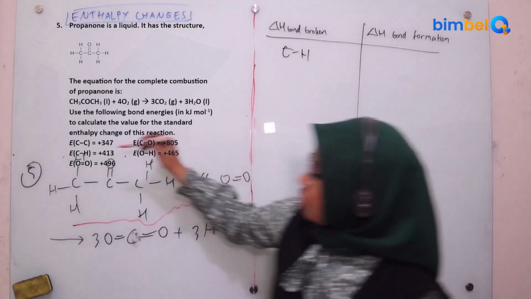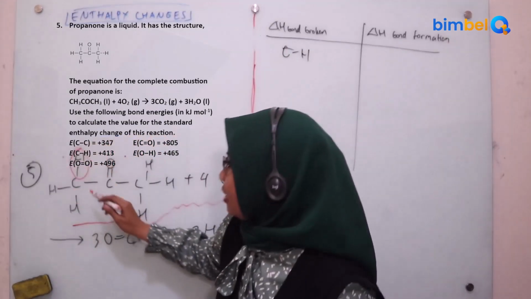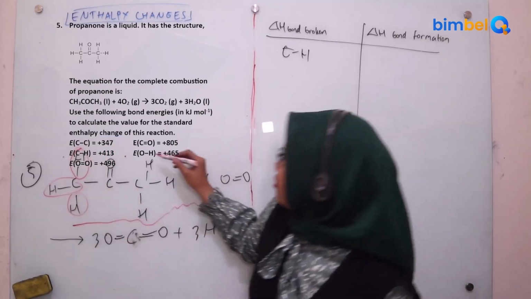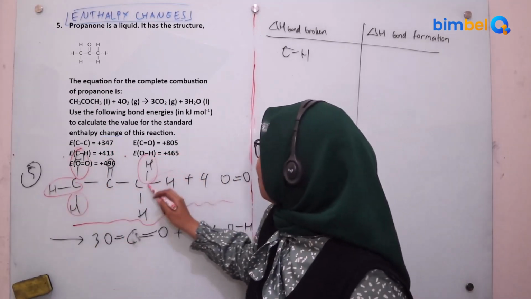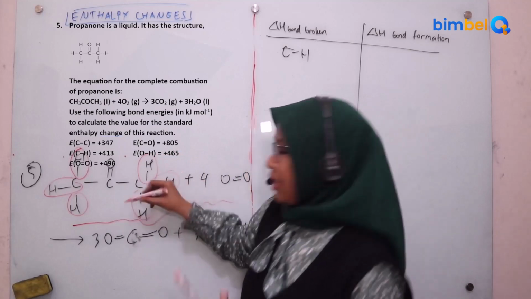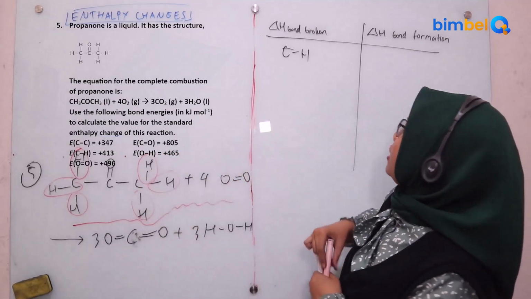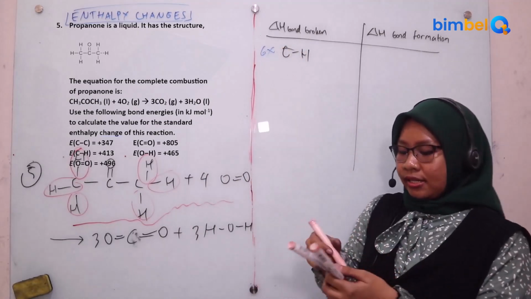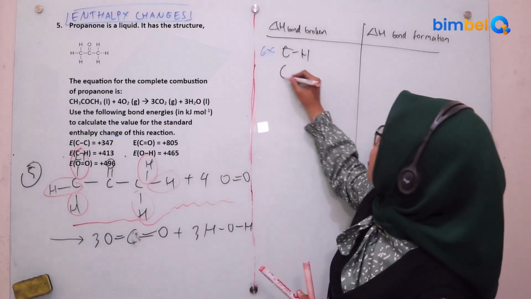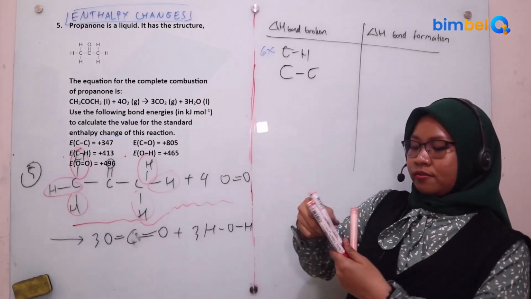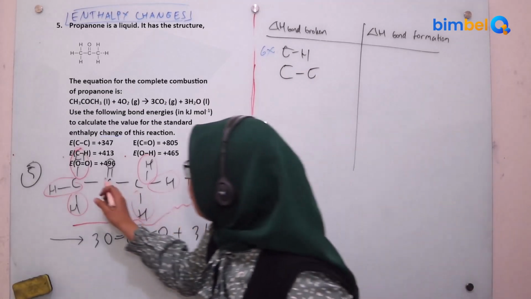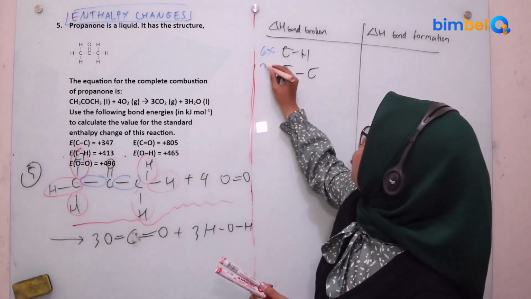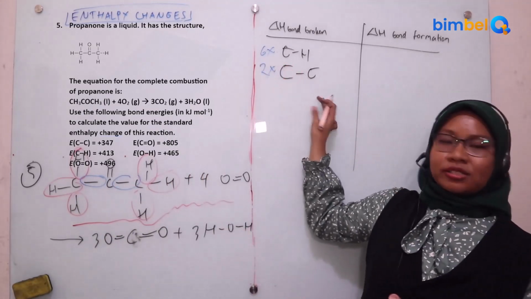Let's count. We have 1, 2, 3, 4, 5, and 6. So we write here 6 times C-H bond. Then we count the C-C bonds. Now we have 1 and 2, so we write 2 times C-C bonds.